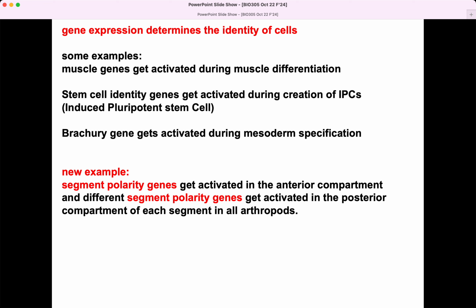They're all involved in expressing a certain set of genes in the posterior, including genes that make these cell adhesion molecules so the posterior cells will hold hands. And there's a different set of genes that are expressed in the anterior, including a different set of cell adhesion molecules so the anterior cells will hold hands. And what we're going to do is we're going to just draw this out.